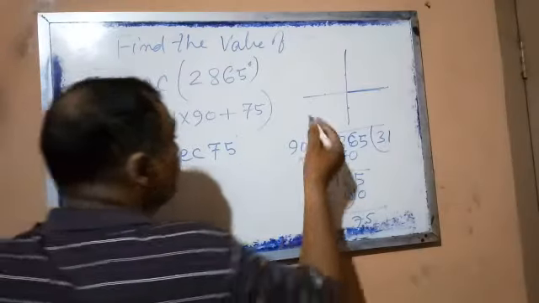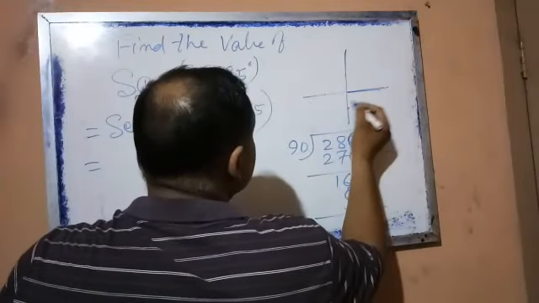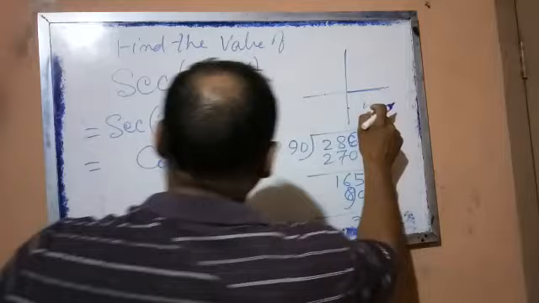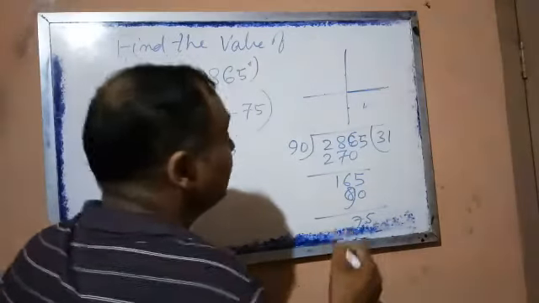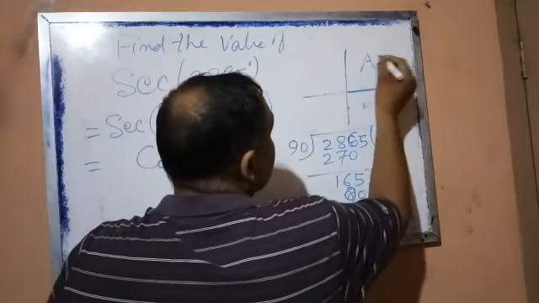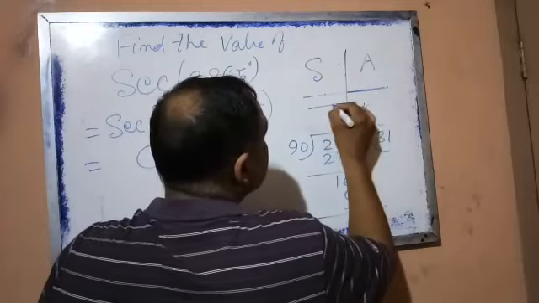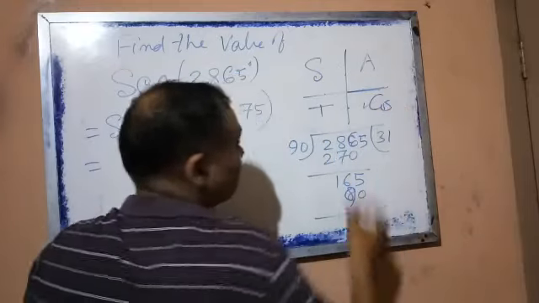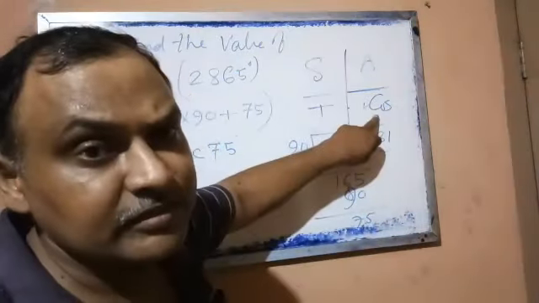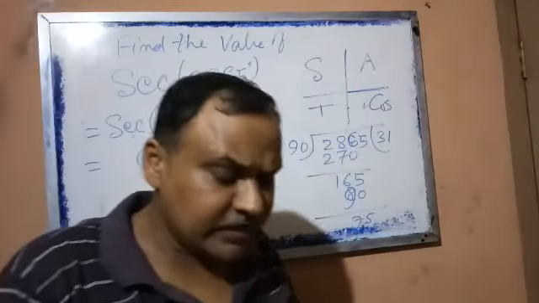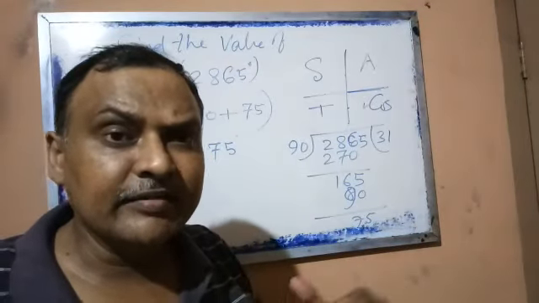Okay. So 31 into 90 plus, so it will come to fourth quadrant, and in fourth quadrant, which was positive? All sin, tan, cos. Cos was positive. If cos is positive, then sec is what? Reverse of cos.